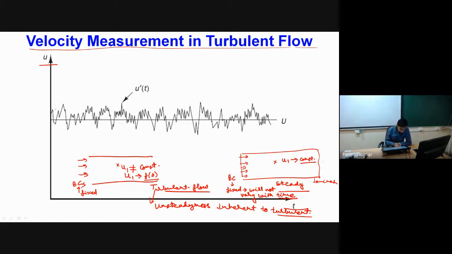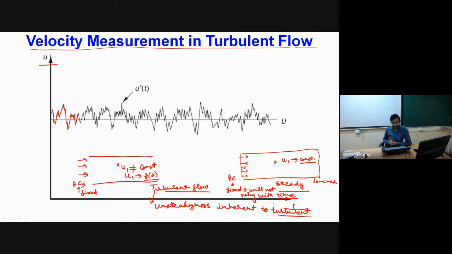You can see that this velocity has significant fluctuations. These fluctuations show nothing but the unsteady behavior of the turbulent flow. So if we have unsteady flow, we always have to consider the temporal term in our governing equations.